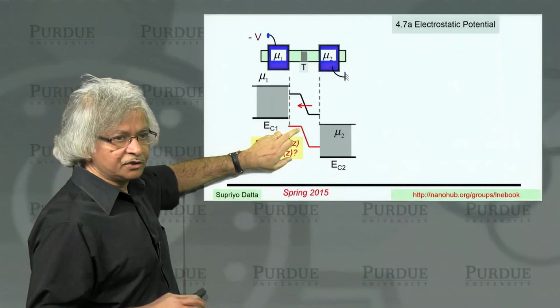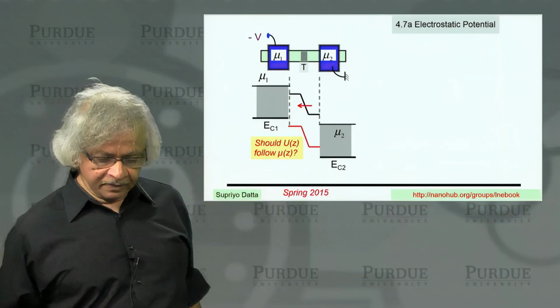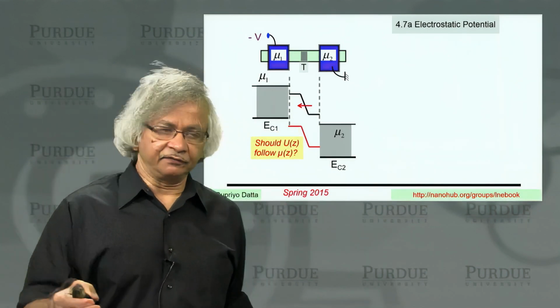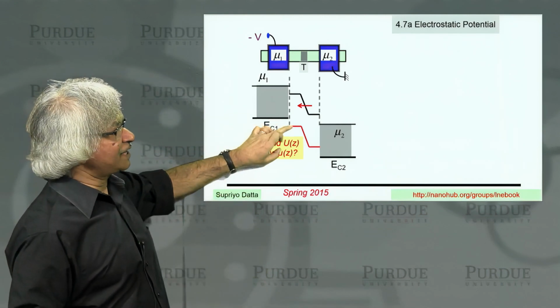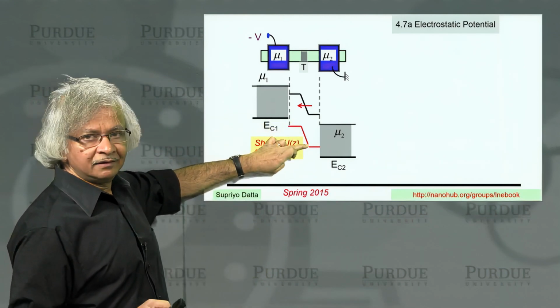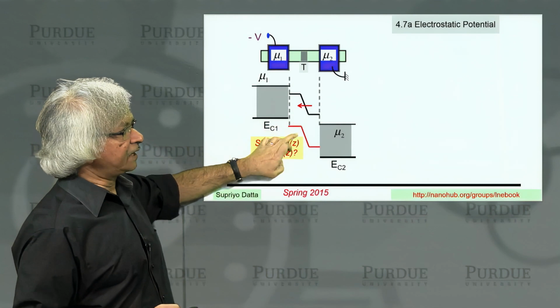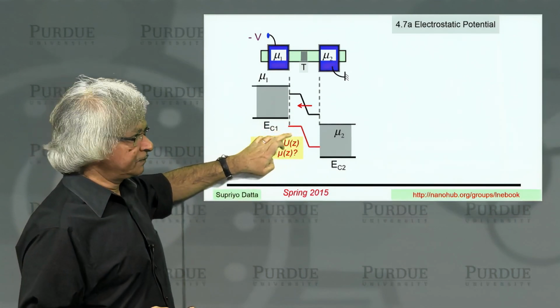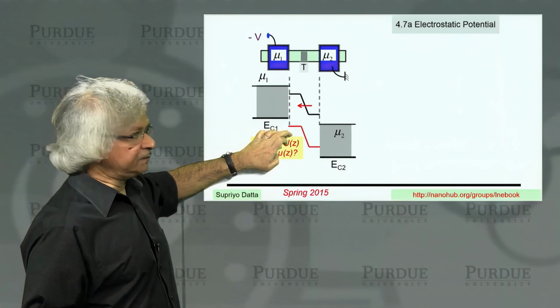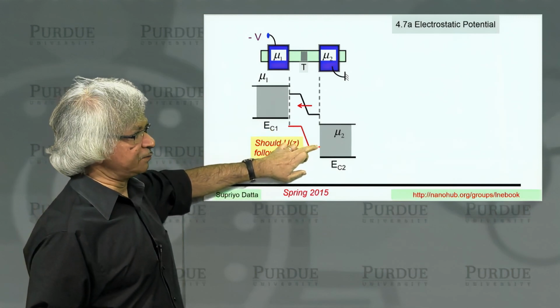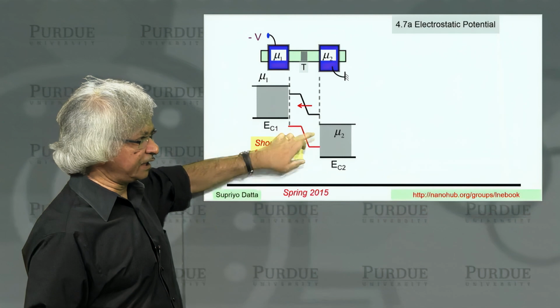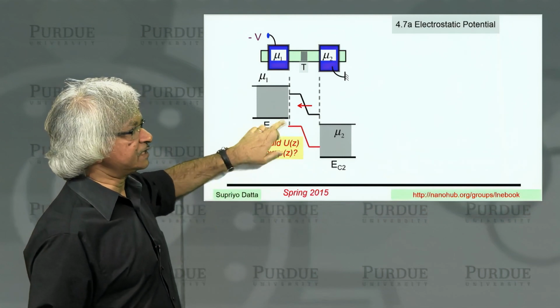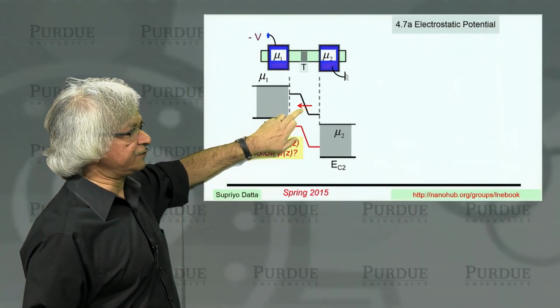Why? Because, as you know, the gradient of the electrostatic potential gives you the electric field. So anytime the electrostatic potential is changing, there is an electric field, and the electric field goes from positive potential to negative potential. This side is the positive potential, which is why the energy is lower. This side is the negative potential. So that's the electric field.